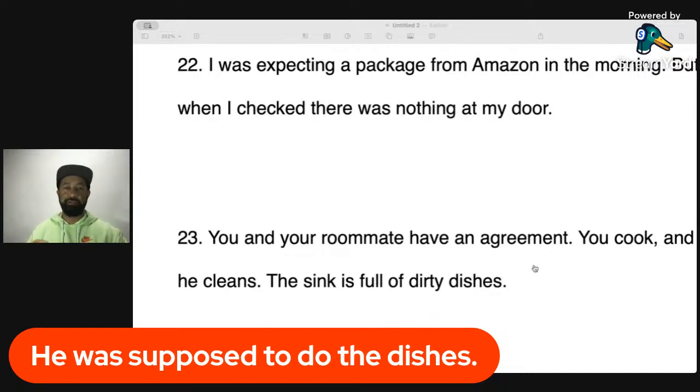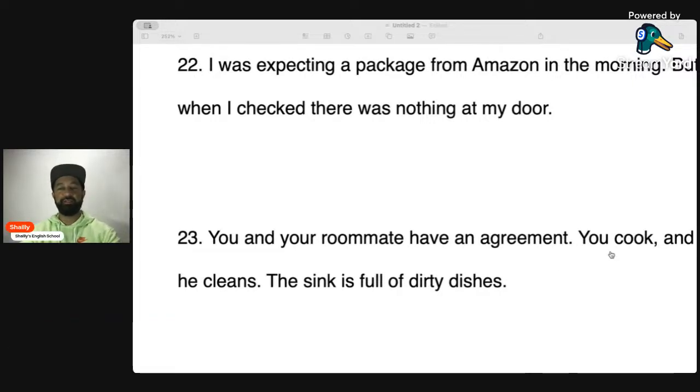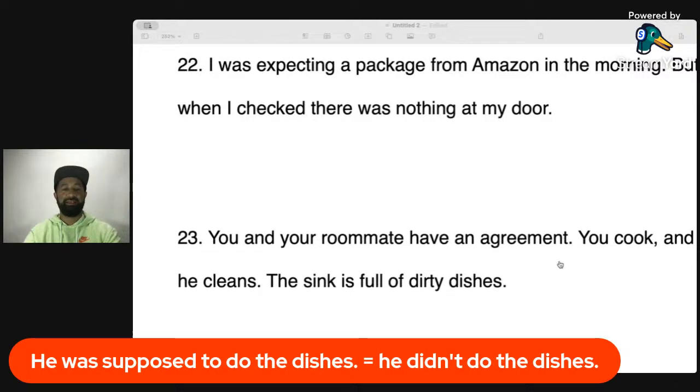What does this mean? He was supposed to do the dishes. This equals, he didn't do the dishes. So he was supposed to do the dishes. It means he didn't.